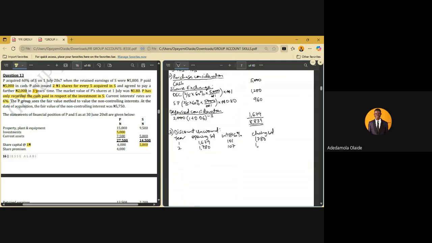Summation gives 1,887. At 6% that will give us 113.